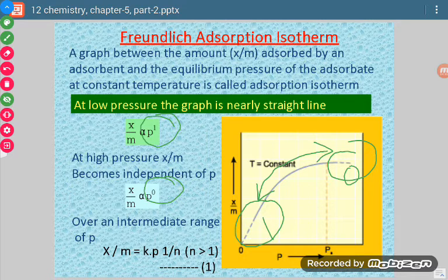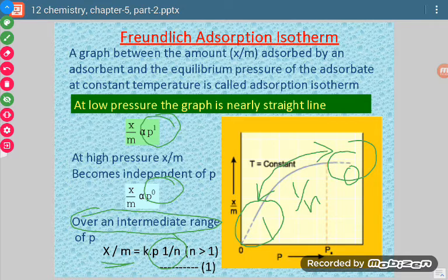Between 1 and 0, what is the number? It is a fraction. So he said that over an intermediate range of pressure, x by m must be proportional to the 1 by nth power of p, where n is greater than 1. So it depends on a fractional power of pressure.